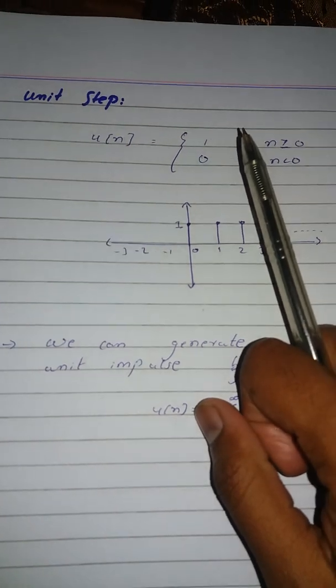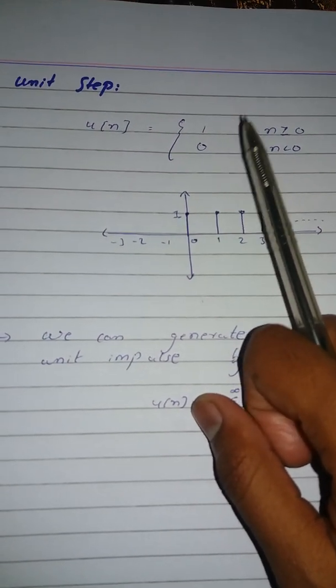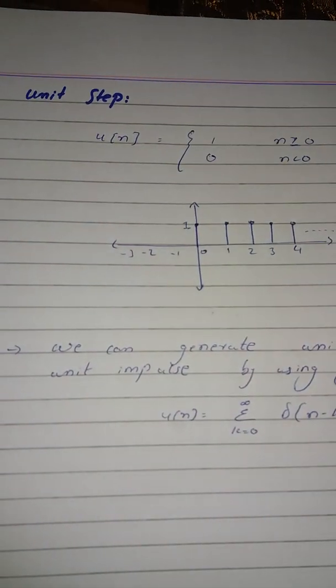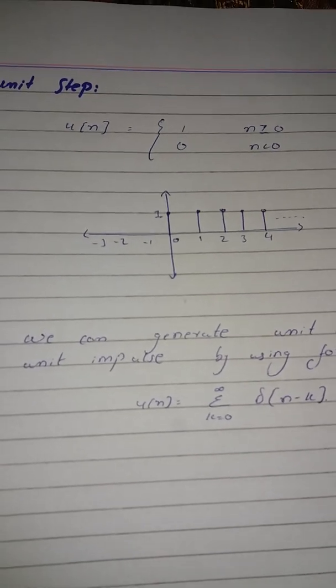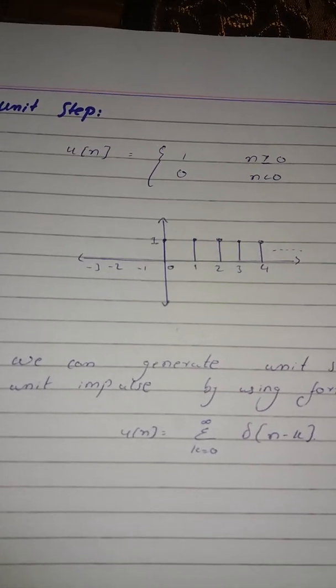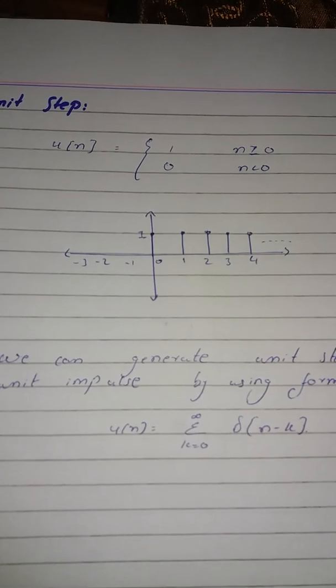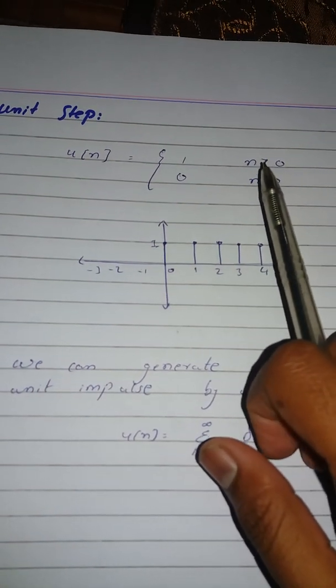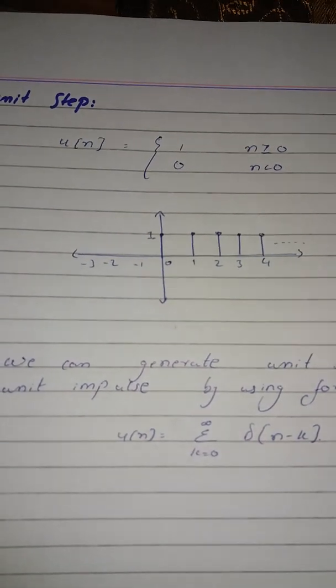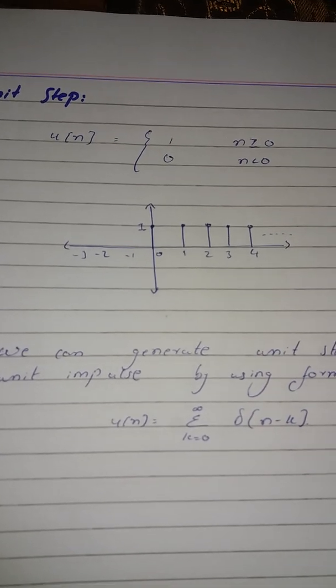And the second special one we're going to discuss over here is the unit step function. The unit step signal is a signal that exists for values of the interval equal to and greater than 0.